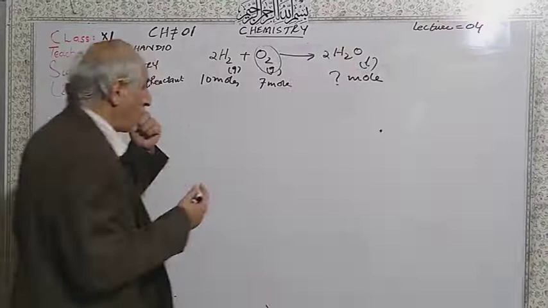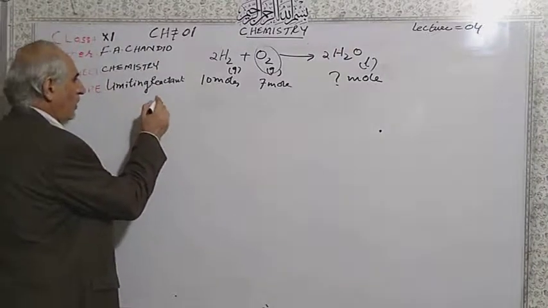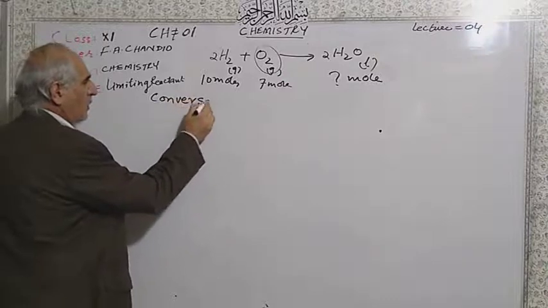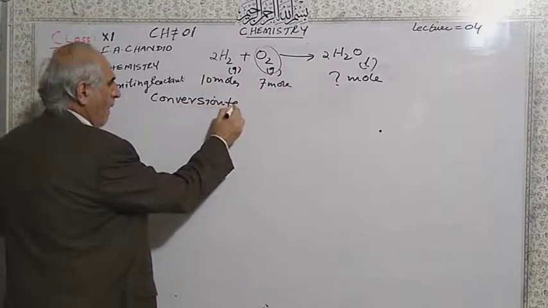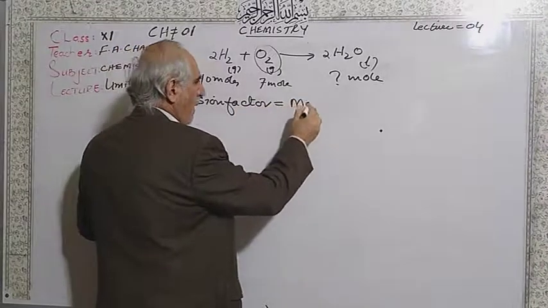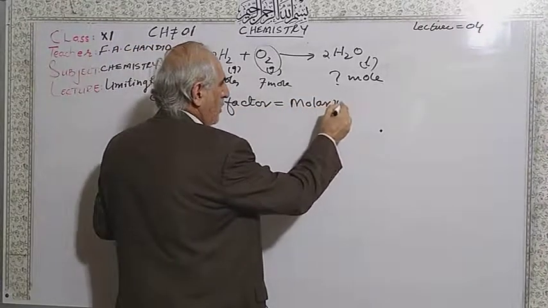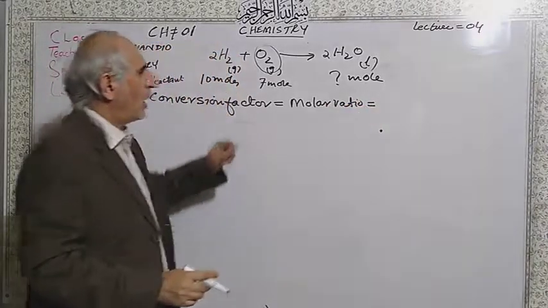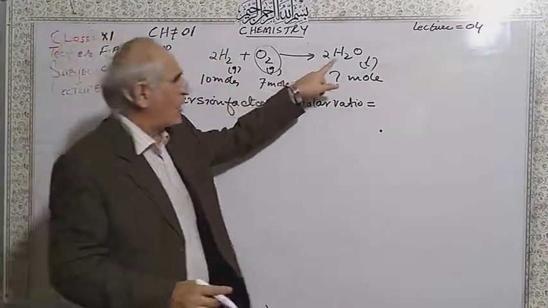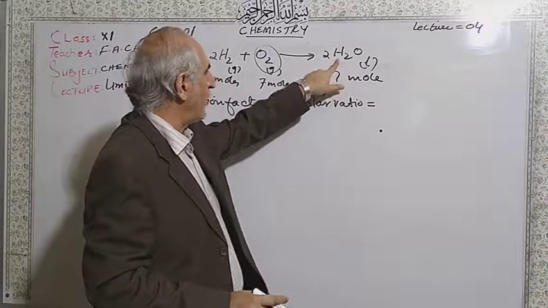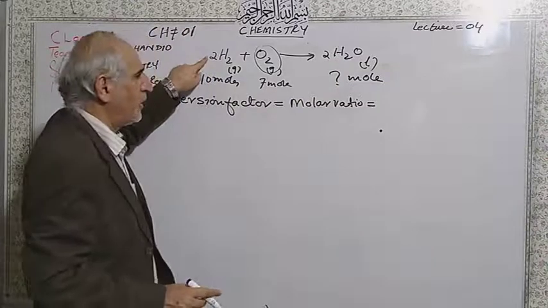According to the conversion factor, which is equal to the molar ratio, and as I told you, according to the balanced chemical equation, the unknown, the question mark, should be the numerator and this should be the denominator.